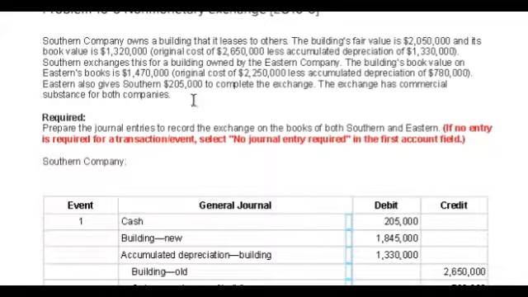That is why Eastern company must have given 205,000 to this company. So if you do the calculation, 2.05 minus 205,000 will give you 1.845 million. So that must have been the fair value of the building that Eastern's company is giving up.